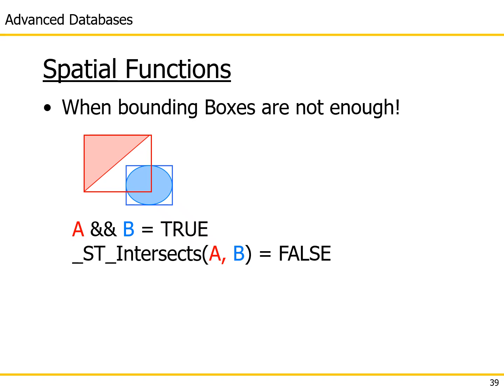Notice that this is a bit deceiving because the objects themselves are not overlapping. The red triangle and the blue circle are not overlapping, but their bounding boxes are because of the nature of the triangle, okay? Now, if you actually test whether A and B are intersecting, obviously the result is false because the circle and the triangle are not intersecting, but the bounding boxes are, okay? So this type of check that we are seeing here is used to speed up computations as we will see later on.